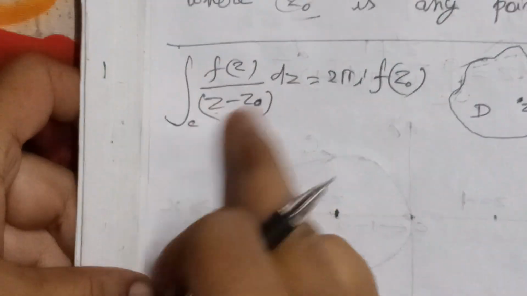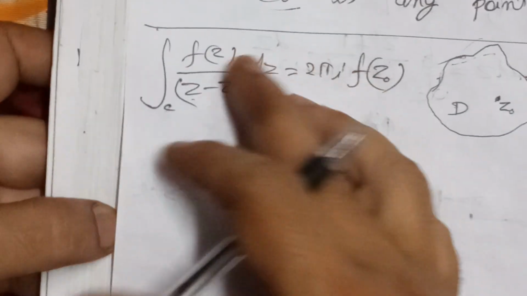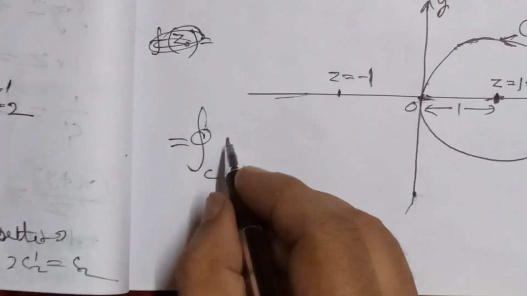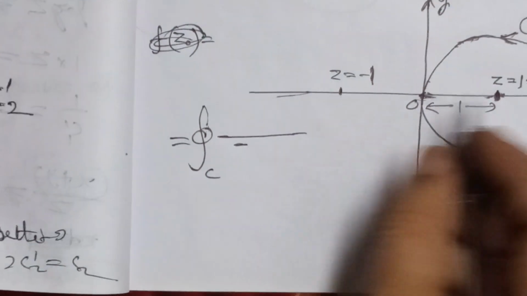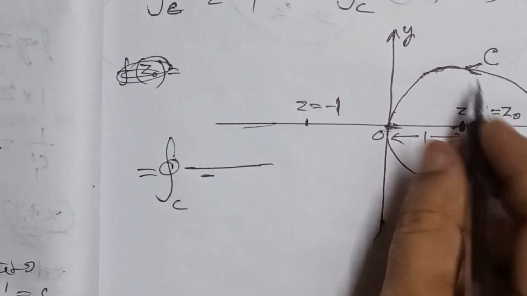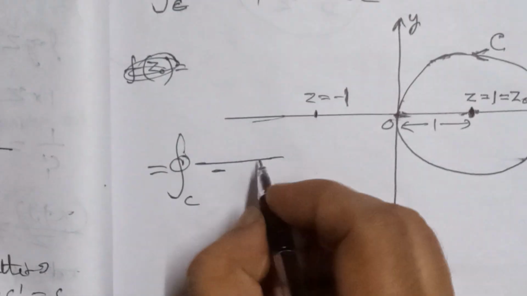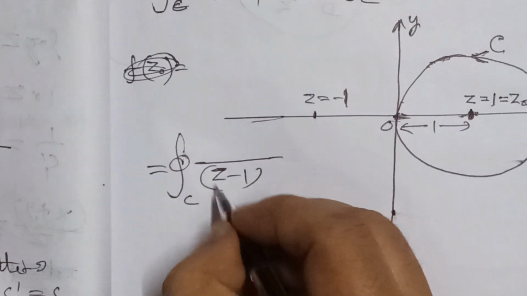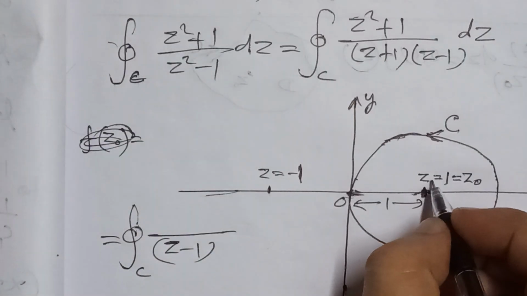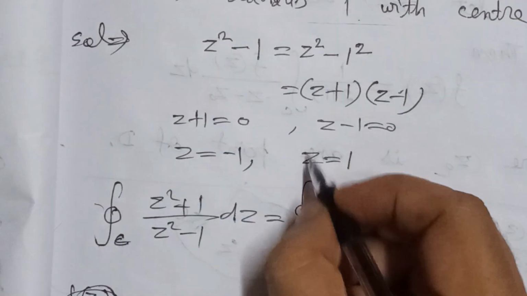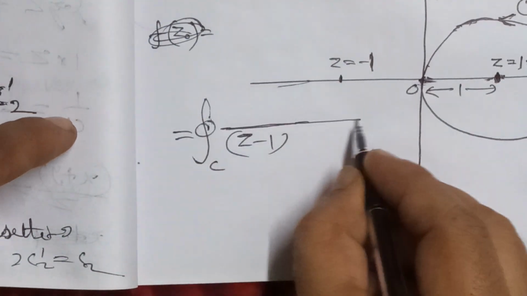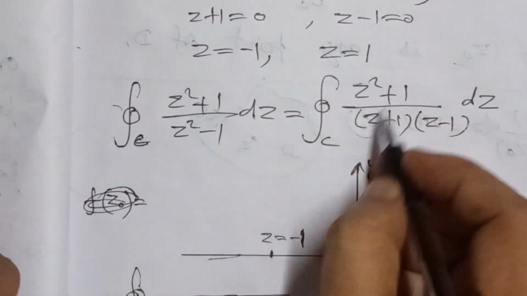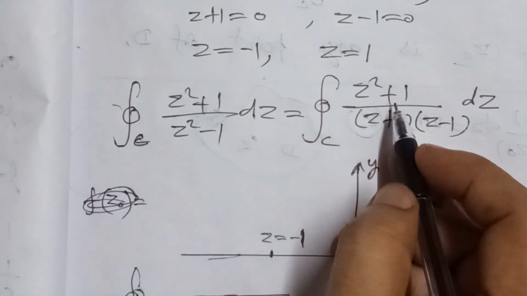We have chosen z equal to 1 as z naught, so we can write this as (z minus 1), because (z minus 1) is associated with z is equal to 1; we find z equal to 1 from this factor (z minus 1). So I write (z minus 1) in the denominator, and the remaining factor will make f(z).